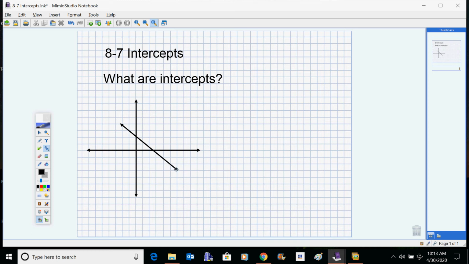I need to move it and adjust it just a little bit because I need to make sure that it has something that's very clear to show you. Okay, there we go. Now when you draw your graph, make sure that your graph crosses the x-axis at 3 and the y-axis at 2.